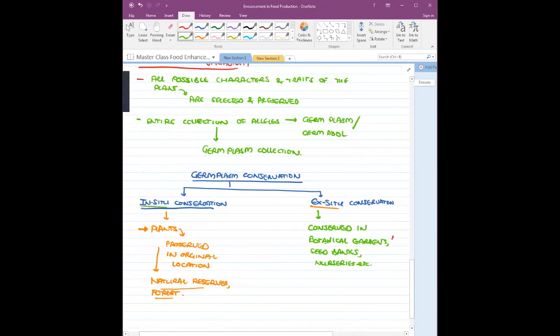Can you tell me, naturally, what is going to be better, in situ or ex situ? Yes, guys, what do you think? Very nice. Naturally, it is going to be in situ only, because in ex situ you have to overcome some kind of hurdles.